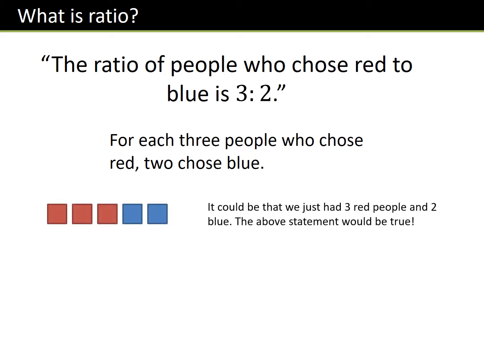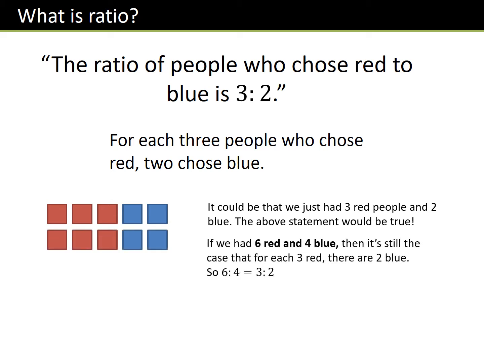It could be we just had 3 red people and 2 blue, and the statement would be true. But what if I had 6 people who chose red, then I'd have 4 who chose blue, and it's still a case that for every 3 people who chose red, 2 are blue.